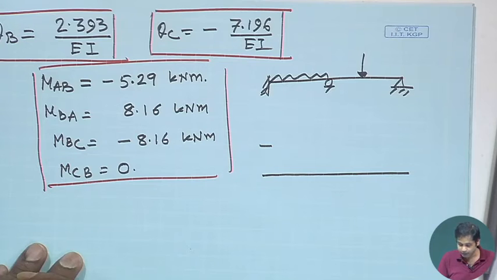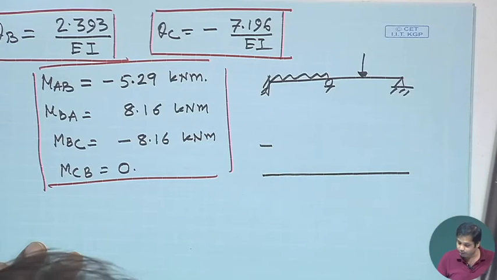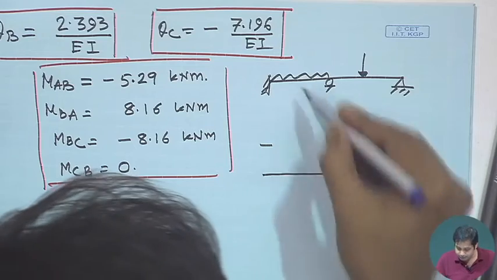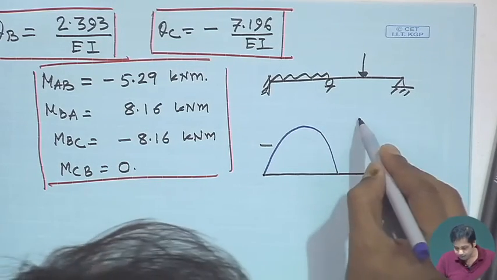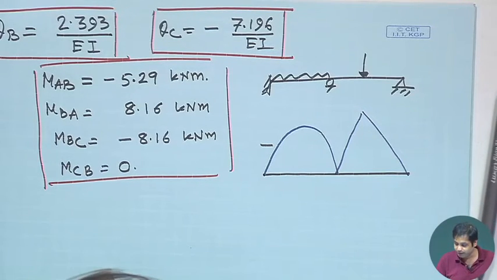Now, if you do that, then your external load bending moment diagram will be something like this, and then something like this. This is the bending moment for external load.